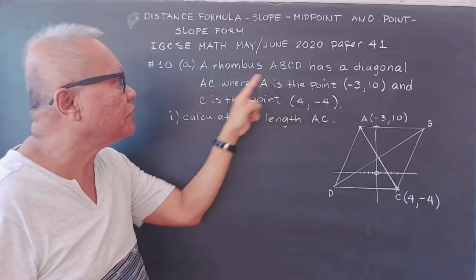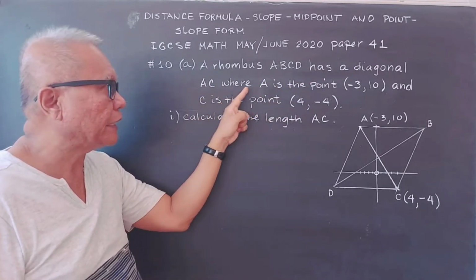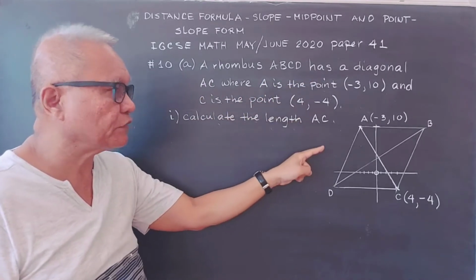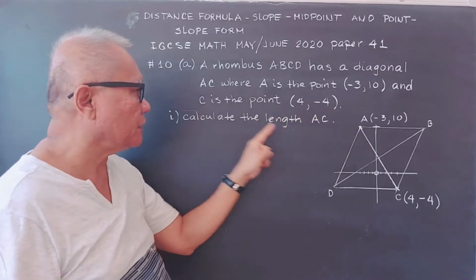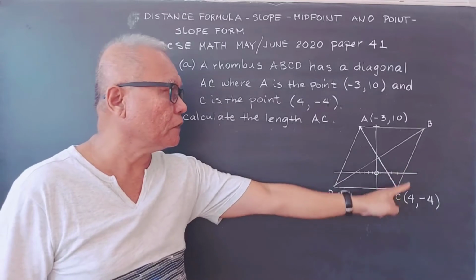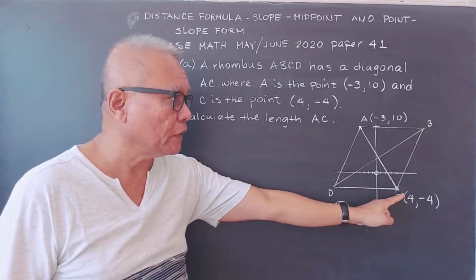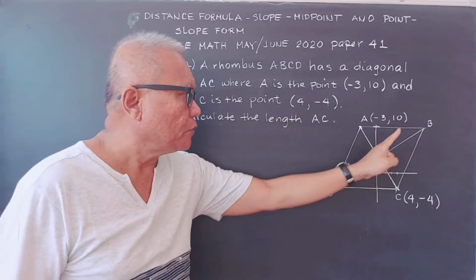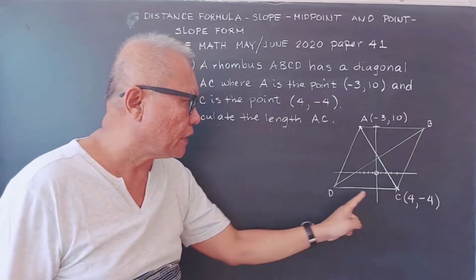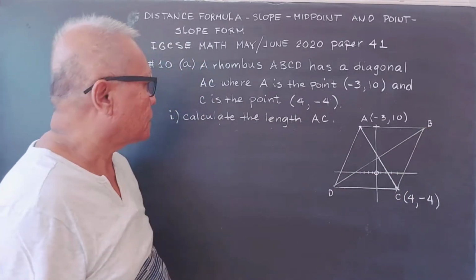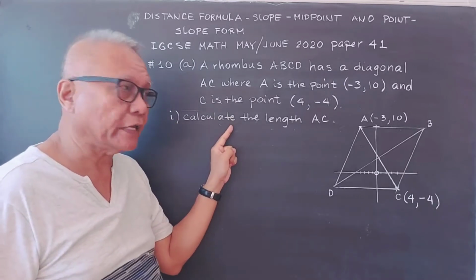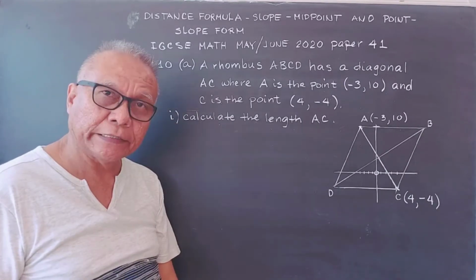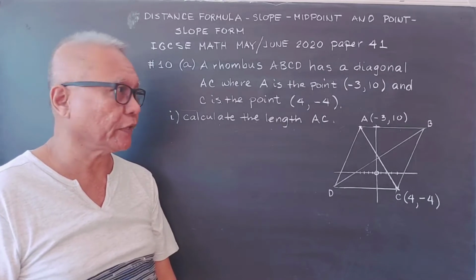It has a diagonal AC where A is the point -3, 10, and C is the point 4, -4. So we have A, B is there, C, and D. So we need to calculate the length of AC by using the Pythagorean theorem.